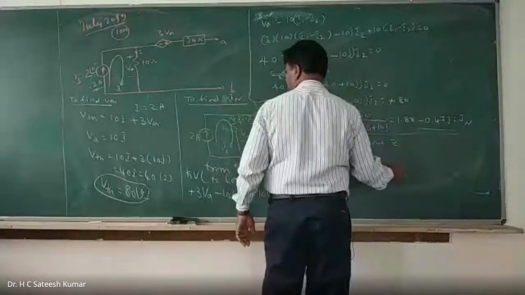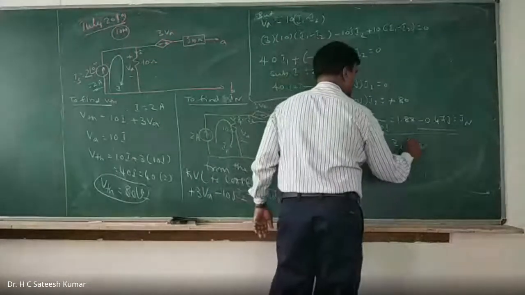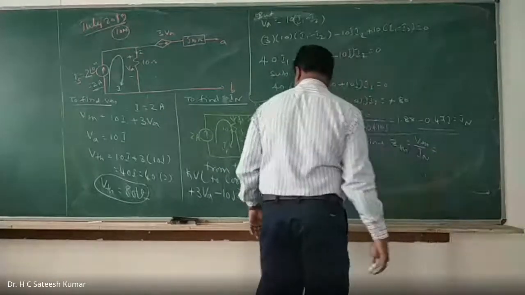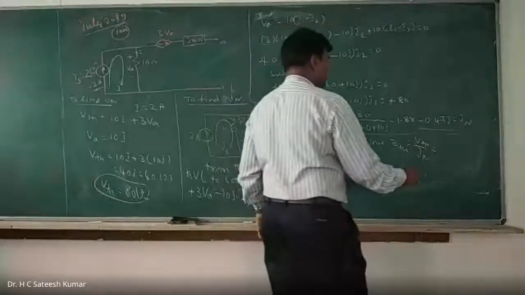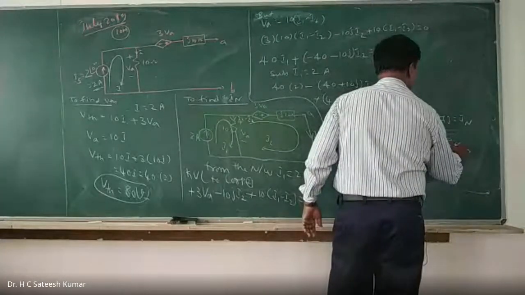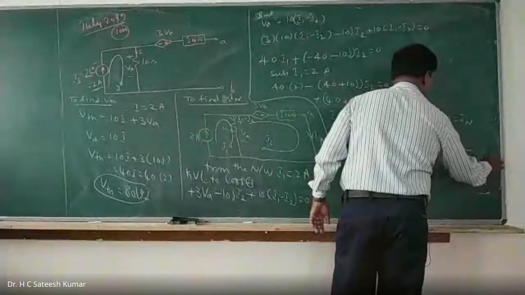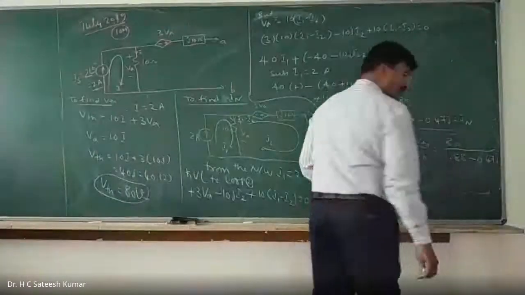ZTH. ZTH is equal to VTH divided by what? I Norton. VTH is how much? VTH is 80 divided by 1.88 minus 0.47j. Now you divide that.